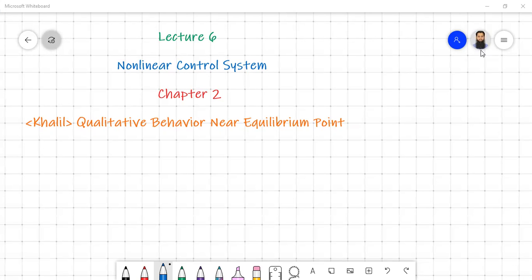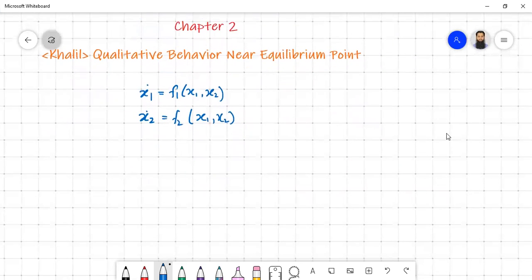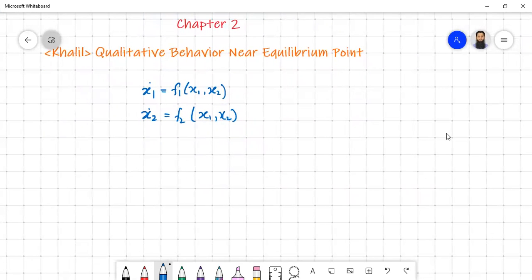Say we have a system x1 dot equal to a function f1 of x1 and x2, and x2 dot equal to another function f2 of x1 and x2. This is our system, and we want to know the qualitative behavior near an equilibrium point.